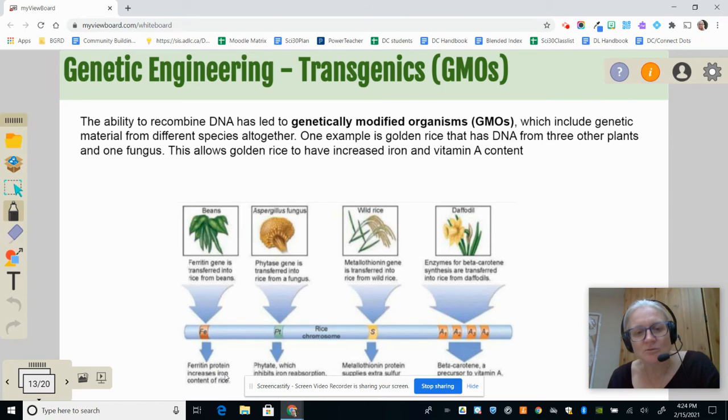Right? And this helped to increase the iron content of that rice. Why would you want to increase the iron content of rice? Well, if rice is being fed to people in poverty-stricken areas, this is a great way to boost the nutrition and how far that rice can go for human health. It might just save that many more people if there's more nutrient content in that food.